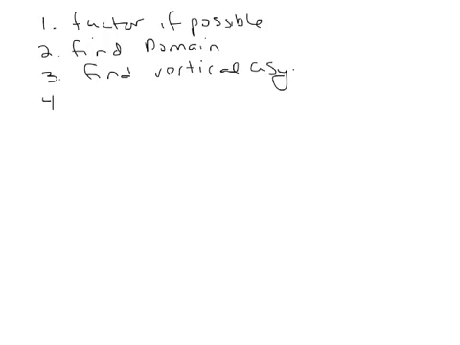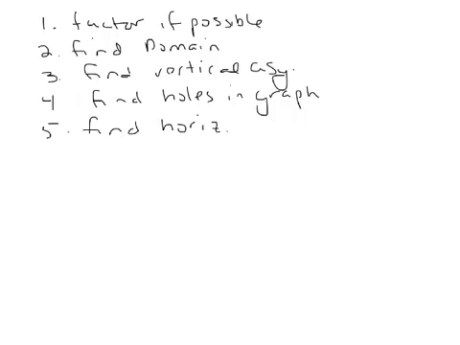We need to find any holes in the graph. And then we're going to use our rules to find any horizontal asymptotes. And finally, we can use the calculator to graph.